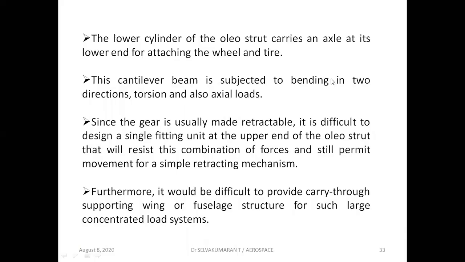Since the gear is usually made retractable, it is difficult to design a single fitting unit at the upper end of the oleo strut that will resist this combination of forces and still permit movement for a simple retracting mechanism.